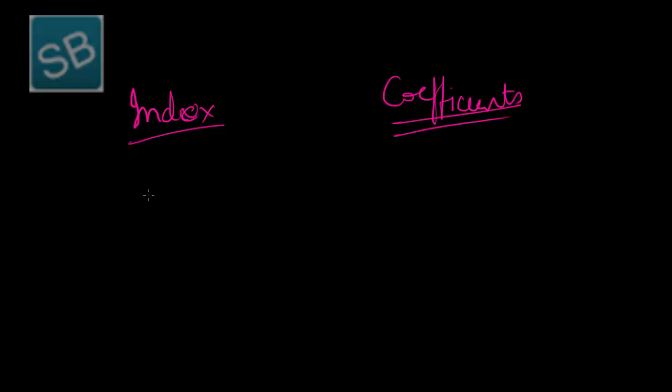So if we see, we get the Pascal triangle like this, that is for index and coefficient. For n equal to 1, it is 1C0 and 1C1.